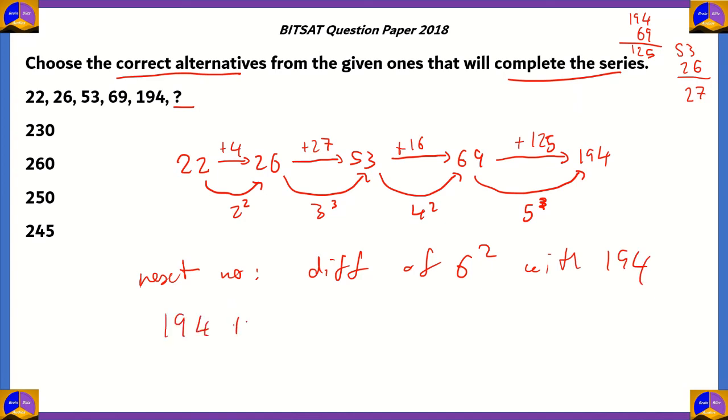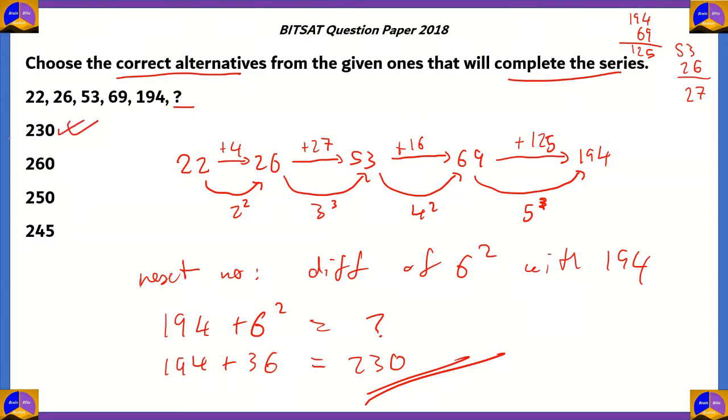So 194 plus 6 squared will give you the question mark. 6 squared is 36. So 194 plus 36. 194 plus 6 gives you 200. 200 plus 30 gives you 230. So therefore 230 is the correct answer.